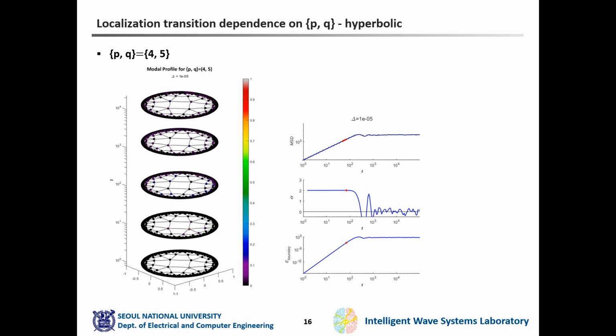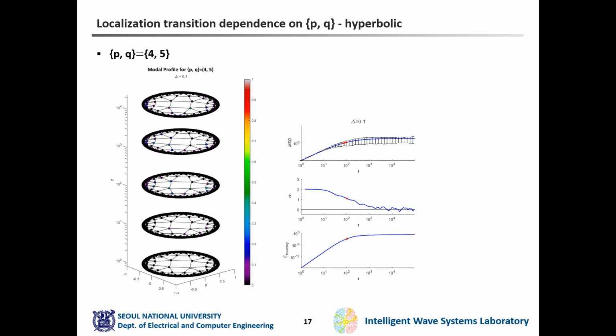Hyperbolic lattice shows similar behavior to Euclidean lattice when there is no disorder. Mode is ballistically transported when there is no disorder, and it yields a diffusion exponent of 2. However, for a hyperbolic lattice, it is not localized even when the disorder is raised to 0.1.